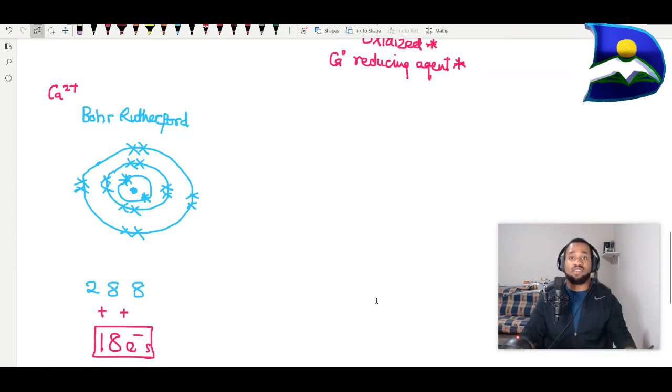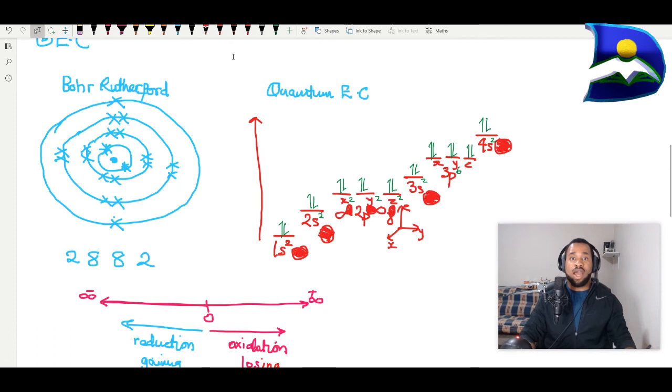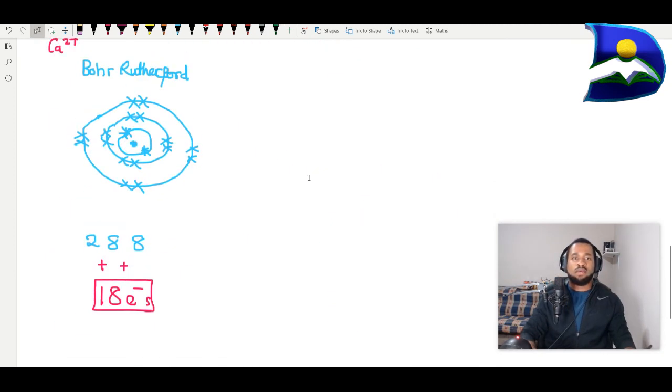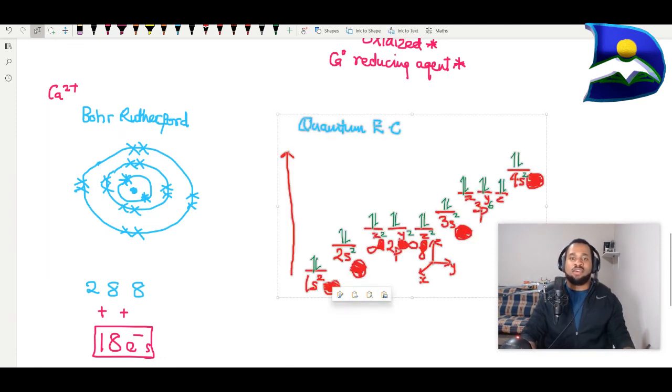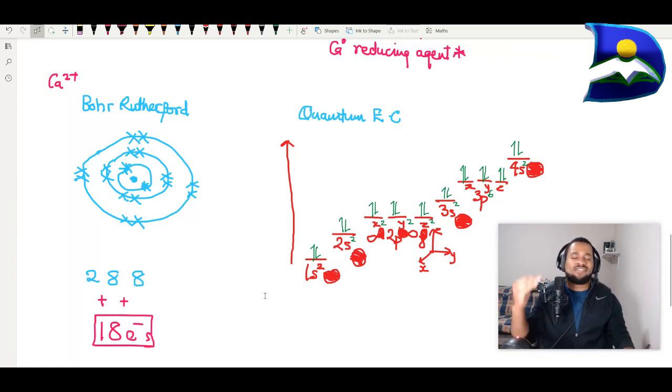And so we're able, using the Bohr-Rutherford diagram, to not only determine the new electron count of calcium 2 plus, but also we can use quantum electron configuration, where if we copy this and we apply it here, copy and paste. Excellent. So in this case here, our highest energy level that has the electrons right there will be lost in this particular system.